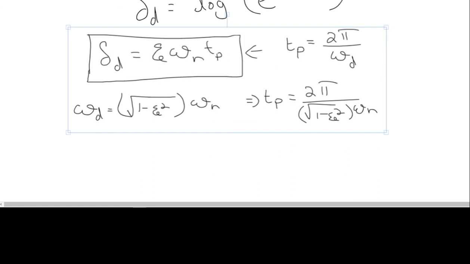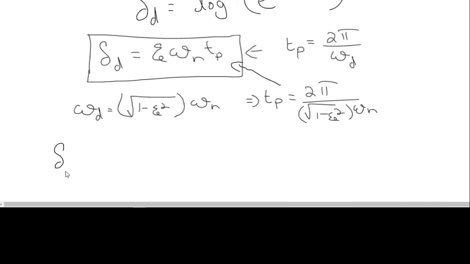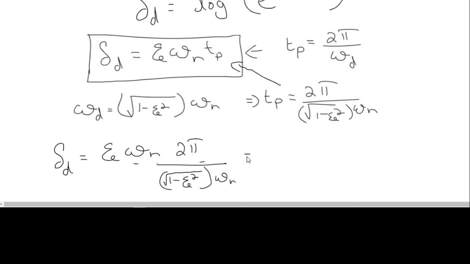So substituting this into the equation, you will get logarithmic decrement delta d is equal to epsilon times omega n Tp, where Tp can be substituted as 2 pi times 1 over root of 1 minus epsilon square times omega n. So omega n will get cancelled.